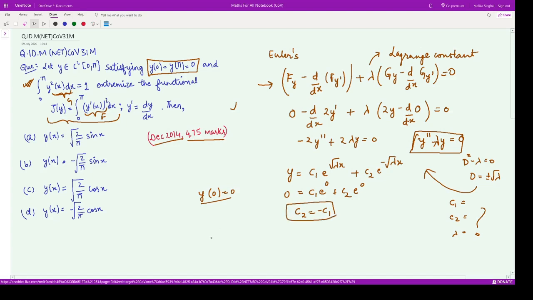So ultimately your y reduces to y is equal to c1 times e to the power square root of lambda x minus e to the power minus square root of lambda x, or you can write y is equal to c1 sine of square root of lambda x, into 2.